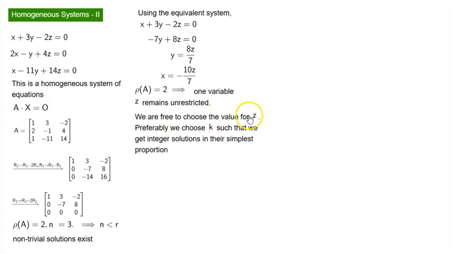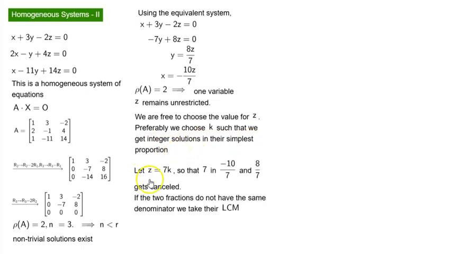Now we are free to choose the value for z. Preferably we choose k such that we get integer solutions in their simplest proportion. So let z is equal to 7k, so that 7 in the denominator of minus 10 by 7 and 8 by 7 gets cancelled. Now if two fractions do not have the same denominator, we take the LCM.